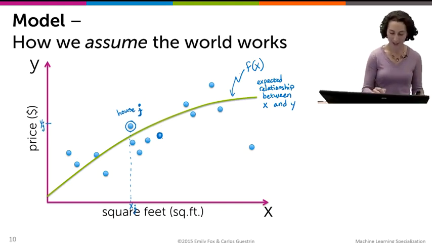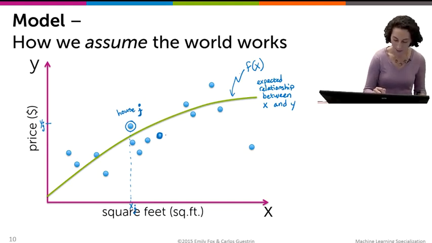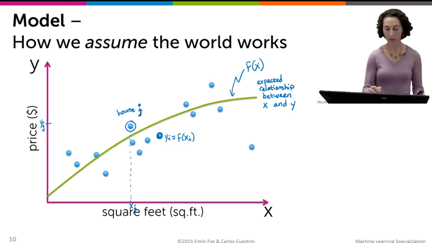So now this house here that I'm looking at sold for some value yi. And what my model is saying is that I'm assuming that yi is approximately equal to f of xi, this functional relationship between the square footage of house I and its sales price yi.